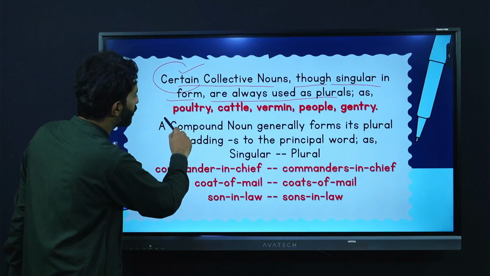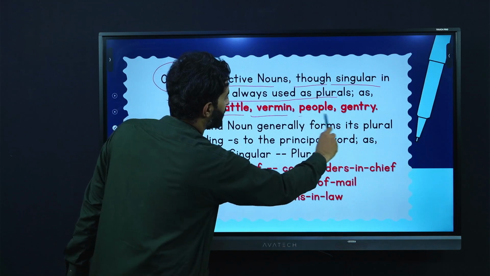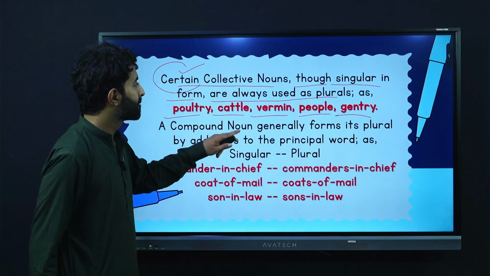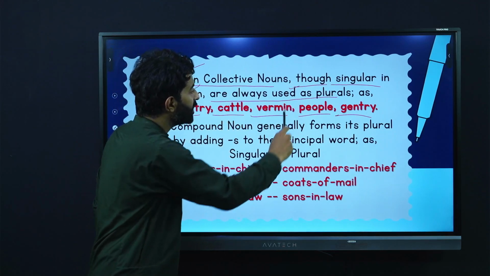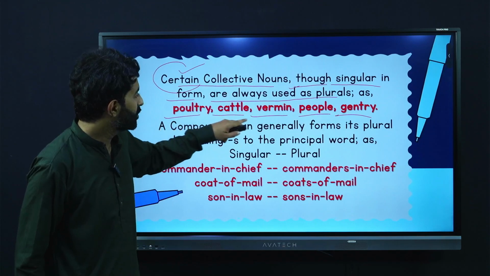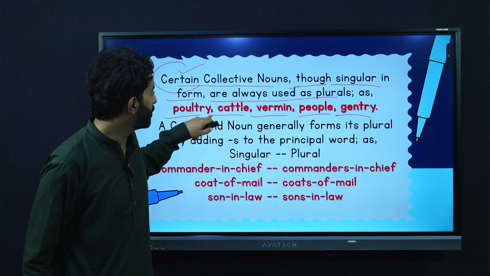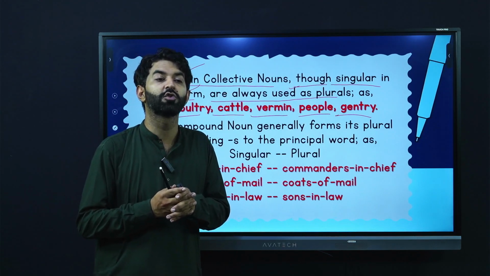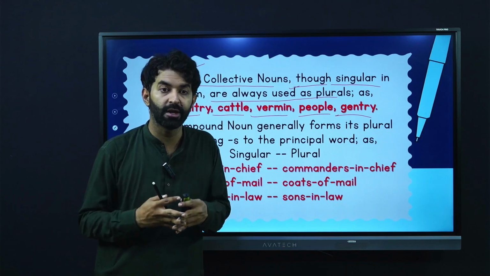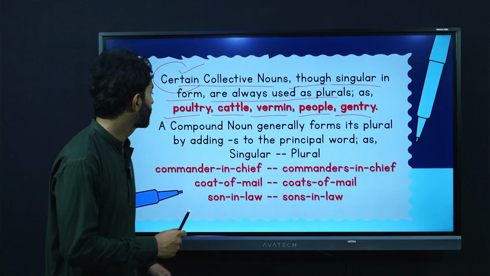Let's just see. Poultry, cattle, vermin, people, gentry. Now they are singular, but you can see that all of them are used as plural. If you are using them, it means you will use your helping verbs accordingly, according to the plural form.